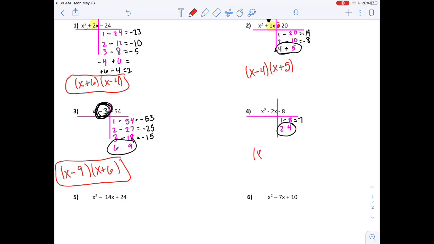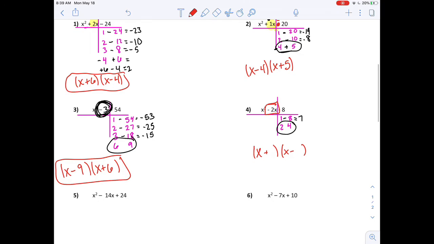And if I want more negatives than positives, this middle term is negative, so I want the bigger number to be negative, because I want more negatives. So I'll make the bigger number my negative, smaller number my positive.